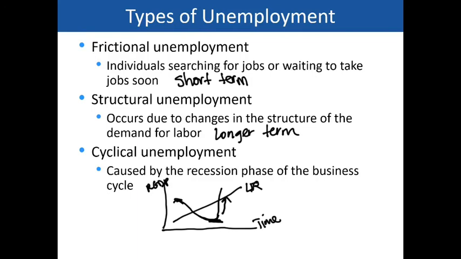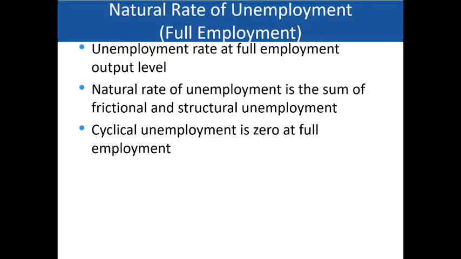What is full employment? Full employment is when there's no cyclical unemployment. Once again, at full employment, the unemployment rate will be the total of frictional unemployment and structural unemployment. Cyclical unemployment will be 0.